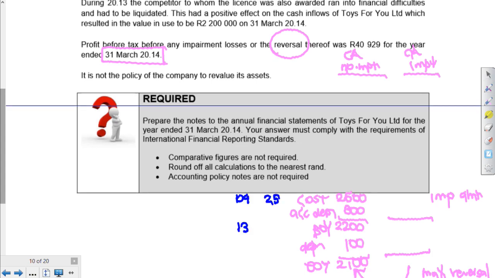We start with the impairment, 2092.08. And that was when there were 23 years left, isn't it? Yeah, 23.